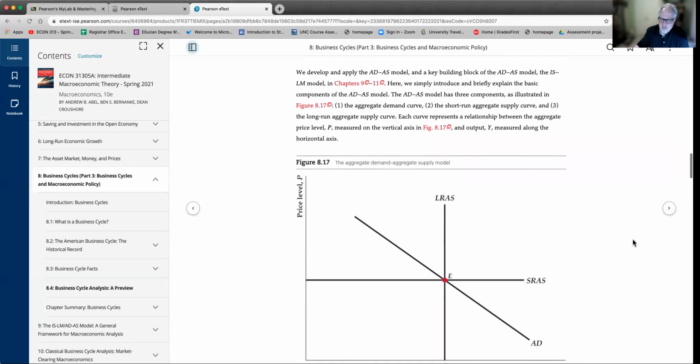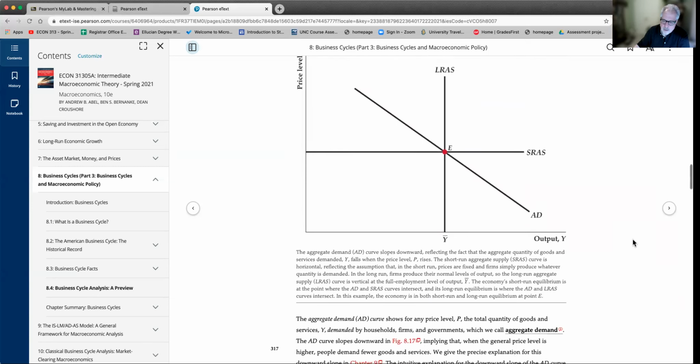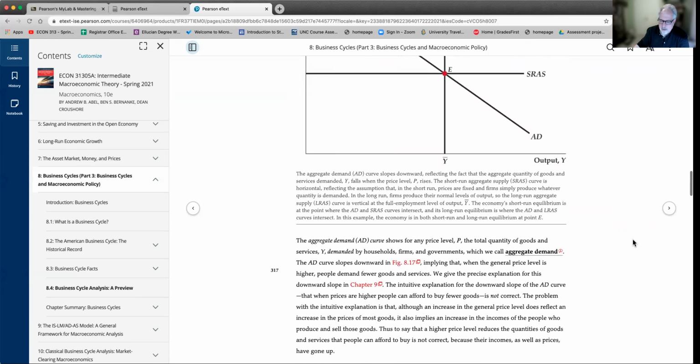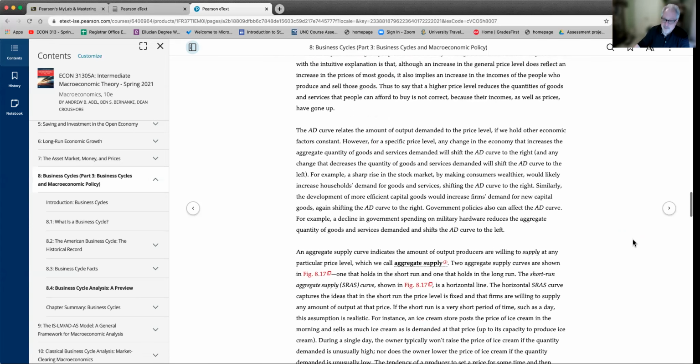And it talks about it in terms of the Keynesian and classical models and how we can account for different assumptions about price level flexibility and wage flexibility, which is the main distinction between Keynesian and classical models. And we can use this model to try and help explain what's going on in the actual economy in terms of business cycles.